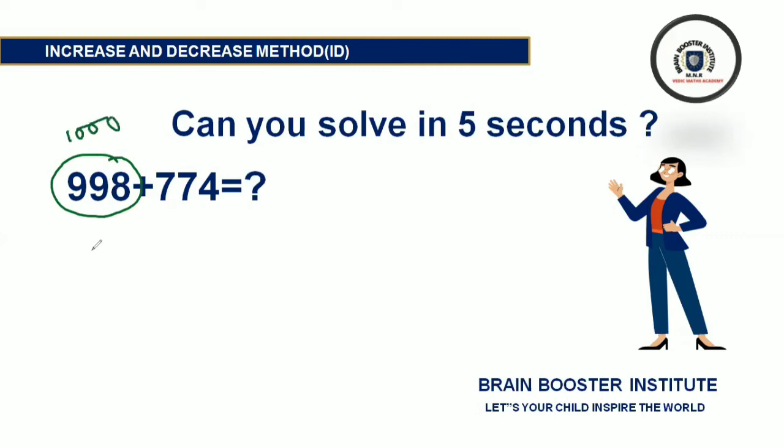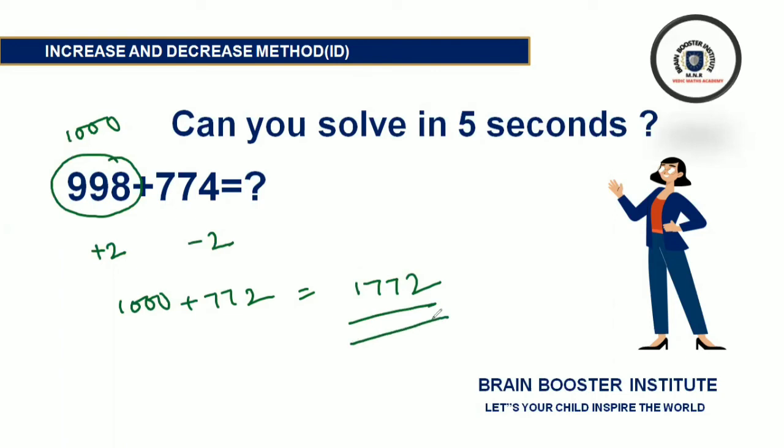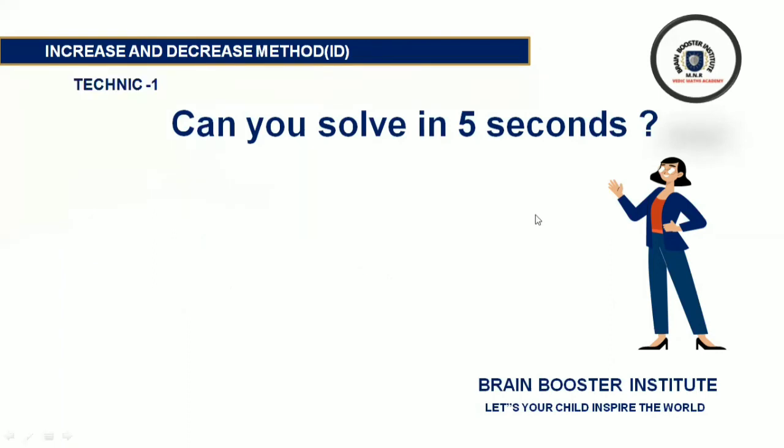So the difference is plus 2, and here we have to do minus 2. Now, what do you get, my dear students? 998 plus 2 is 1000, plus 772. By subtracting 2 from 774, we get 772. Now by adding both, directly we can write here 1772 will be the answer. It's very simple. I hope you got it here.